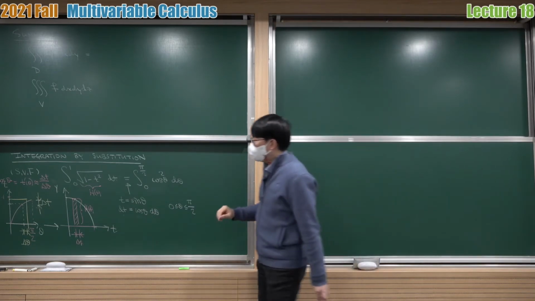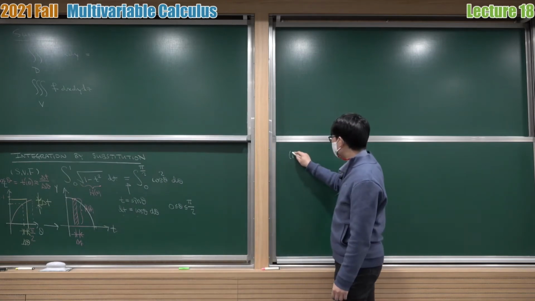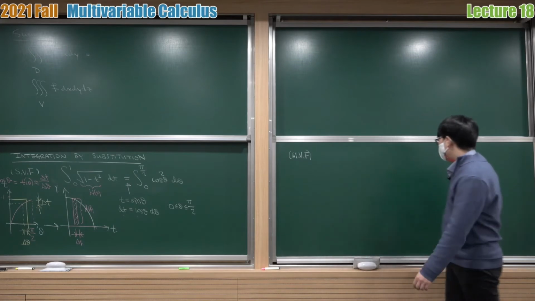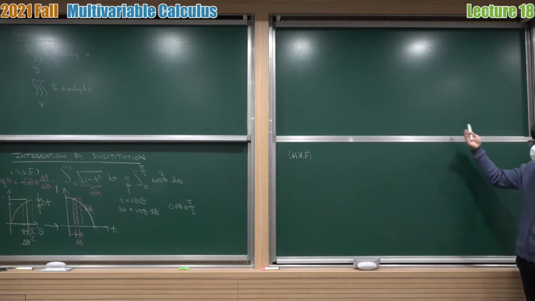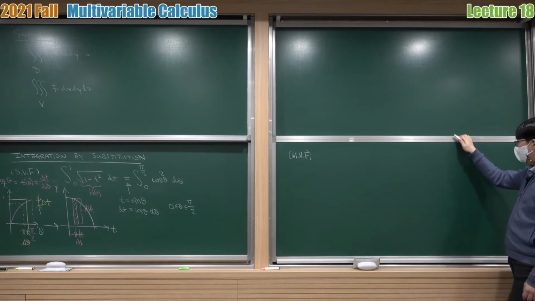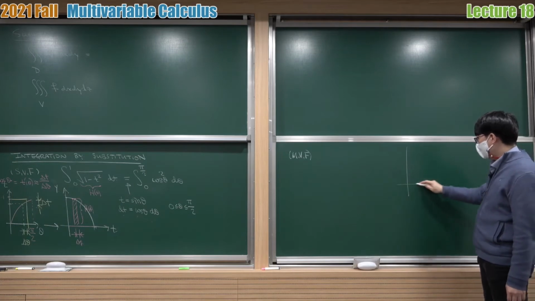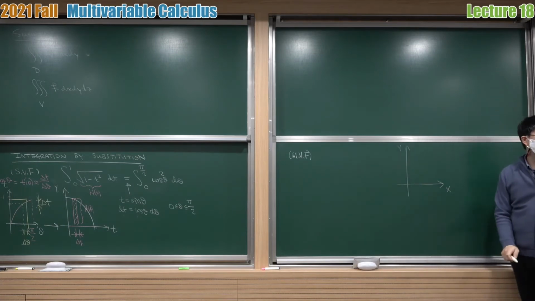So let's look at the multivariable function case. And I'm going to draw a picture of a graph of a two-variable function in this way. So we have a domain of a two-variable function.